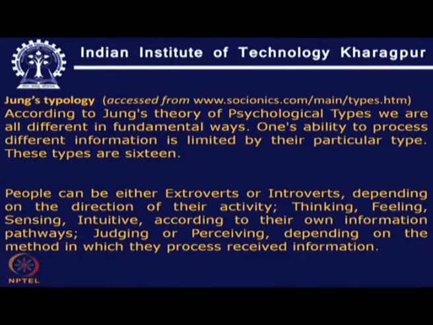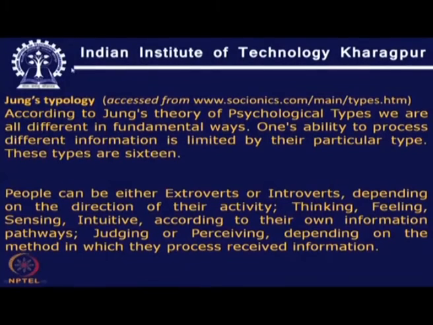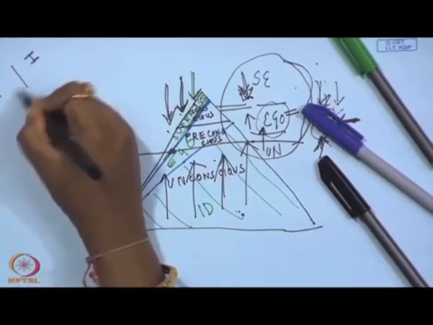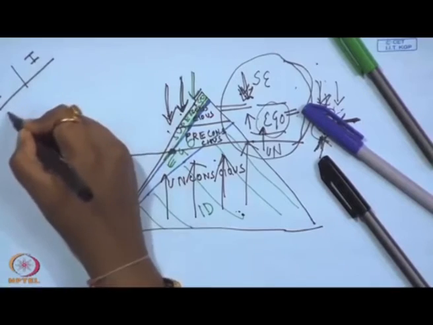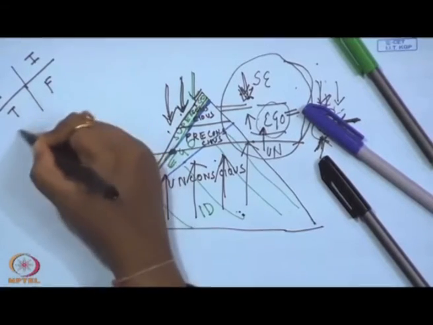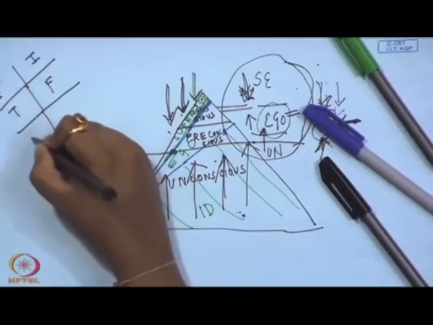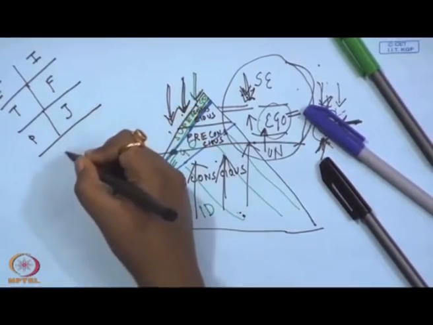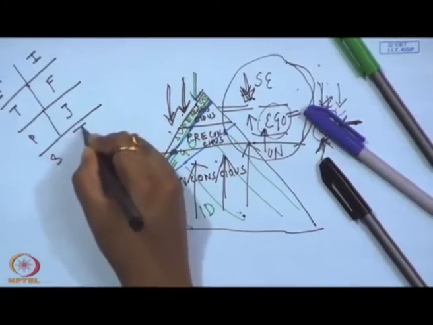If we can draw a matrix regarding this, we will be having different categories of people. Like if you can classify extrovert, introvert, then thinking, feeling, then perceiving, judging, and of course sensing, intuitive.